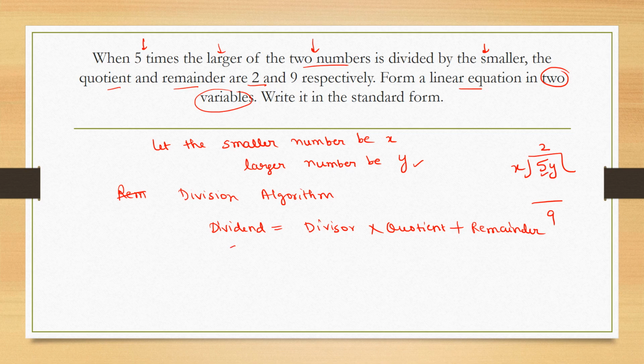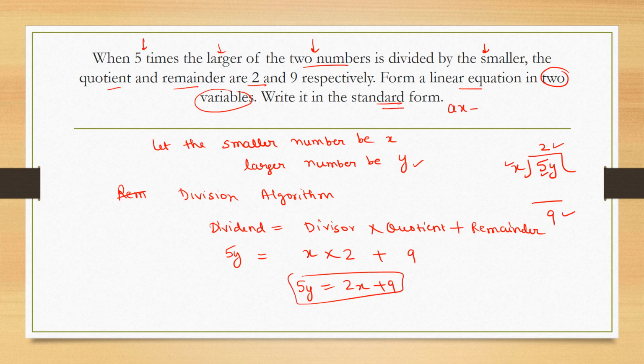Dividend, which needs to be divided, divisor, which is dividing the dividend, quotient, which you get as an answer, and remainder is what is left behind. So the equation in two variables, in the standard form ax plus by plus c equals 0, is: 5y equals 2x plus 9. You keep 2x here, then 5y needs to be taken to the right hand side. So 2x minus 5y plus 9 equals 0. This would be the standard form.